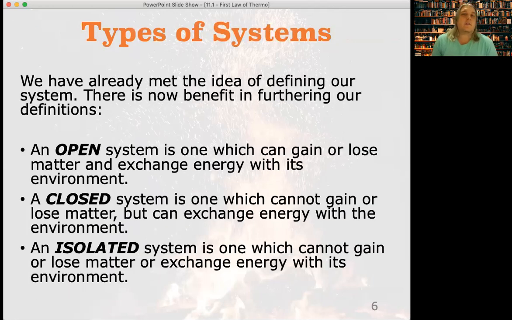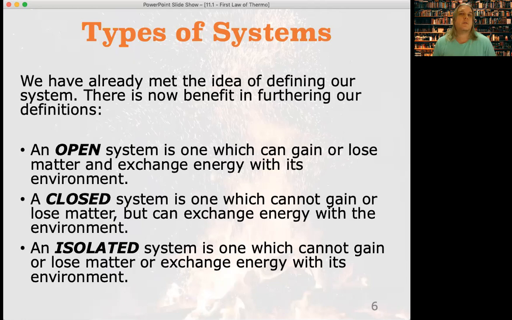We already met the idea of open and closed systems. However, in thermodynamics, it's actually beneficial to further distinguish these systems. So previously, you may have met an open system being one where mass and energy can exchange with the environment or with other things. Then we had a closed system, which was one where they can't.